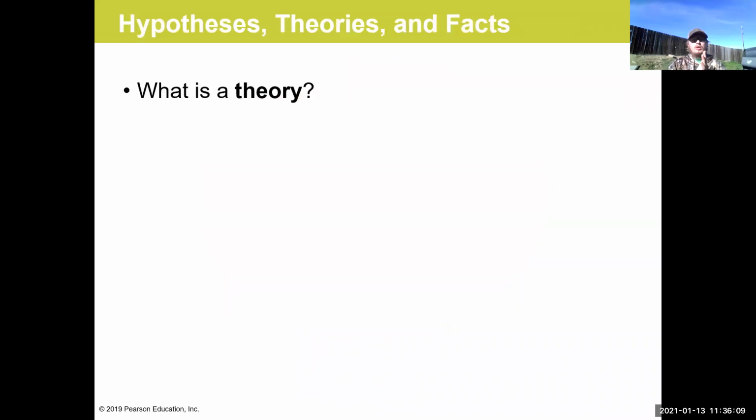And so one thing I want to talk about for the next couple of minutes is, we talked about what a hypothesis is. Now I want to talk about what a theory is compared to a hypothesis, because this is something that a lot of the public can get confused about.